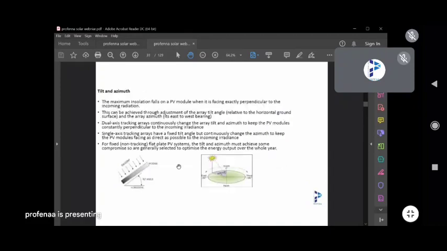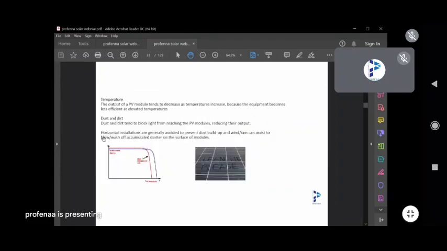For example, if I put a solar panel in South India, 13 degrees is enough. If I put a solar panel in the North, especially in Delhi, they require 27 degrees. The tilt angle varies, so the tilt angle depends upon the efficiency. See, these are the factors that affect solar efficiency.